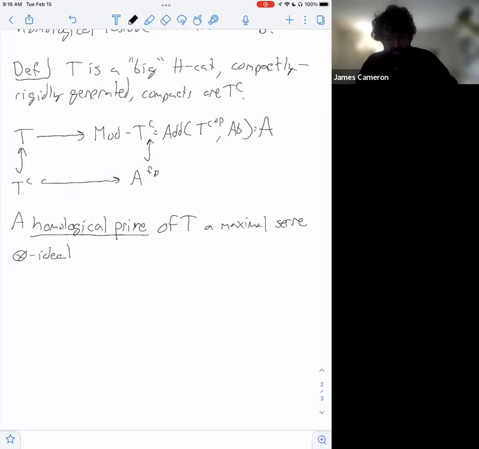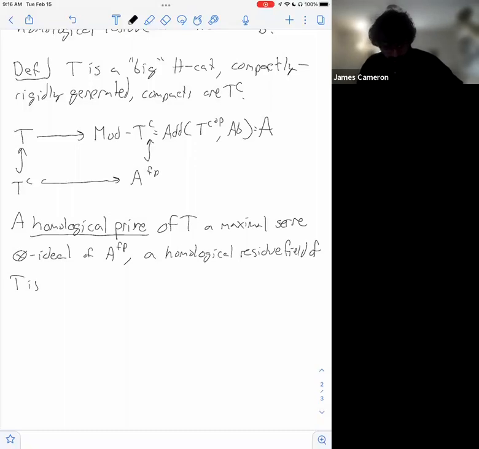And a homological residue field of T is this composition.